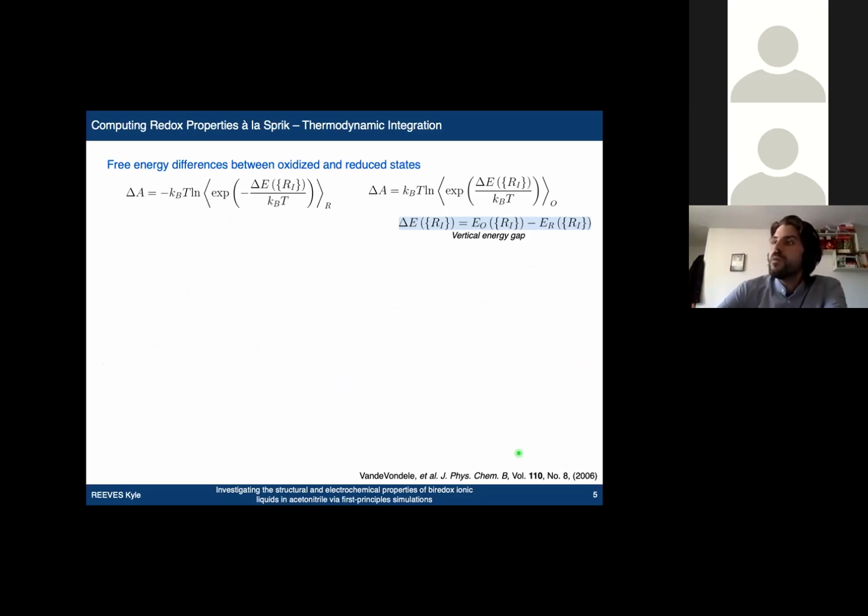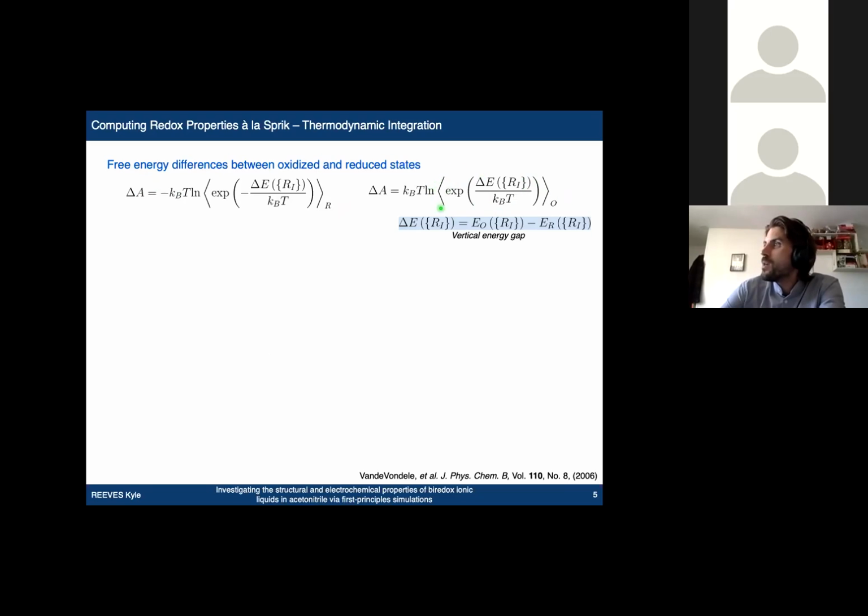I certainly won't spend a lot of time here because I realize these equations are specific to this domain, but I think it's important to point out what the metric is and what our goal is. Here, this delta A represents the free energy, and it's the free energy that we can link to the electrochemical potential, the potential at which electron transfer will occur. That's for both reduction and oxidation. So we have an expression for the reduction and an expression for the oxidation.